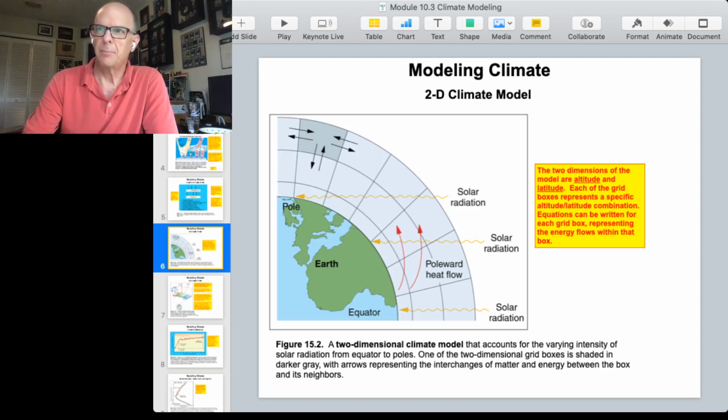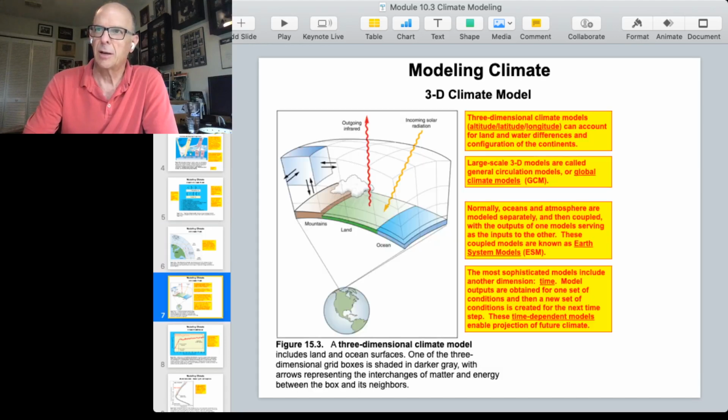That can be radiation transferring energy between cells. It can also be the physical motion of warm air between those cells, or the physical motion of moisture between those cells. So circulation of the atmosphere and the ocean would all play into the calculation of the flow of energy and the balance of energy for the planet.